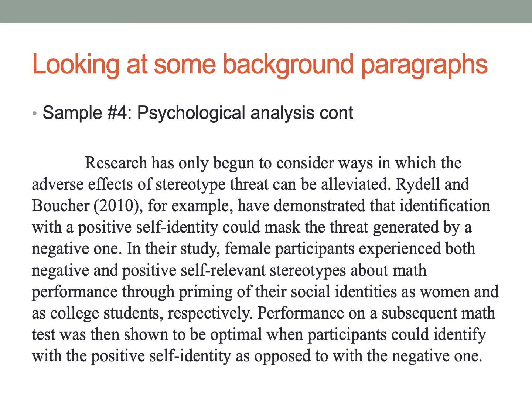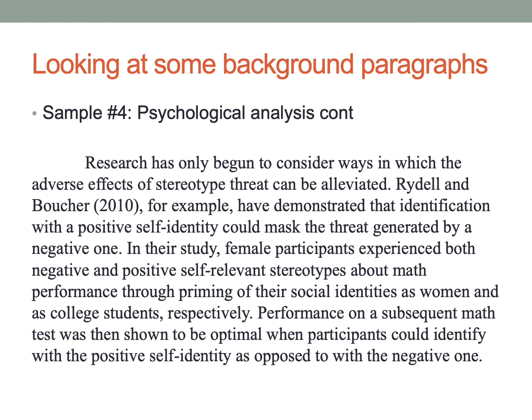So, second background paragraph, from a different example. Research has only begun to consider ways in which adverse effects of stereotype threat can be alleviated. Rydell and Bauscher, 2010, for example, have demonstrated that identification with a positive self-identity could mask the threat generated by a negative one. In their study, female participants experienced both negative and positive self-relevant stereotypes about math performance through priming.